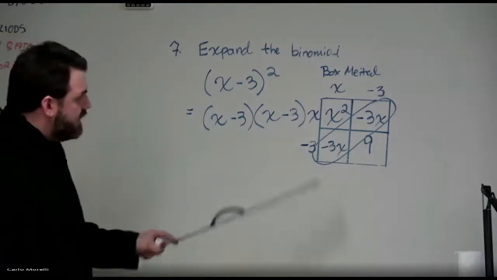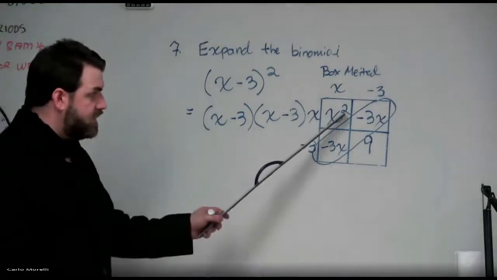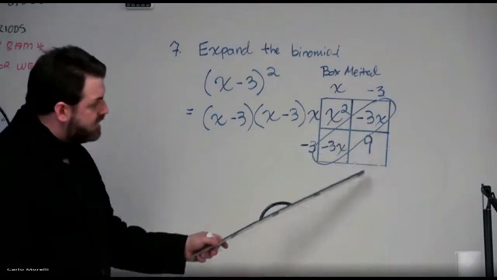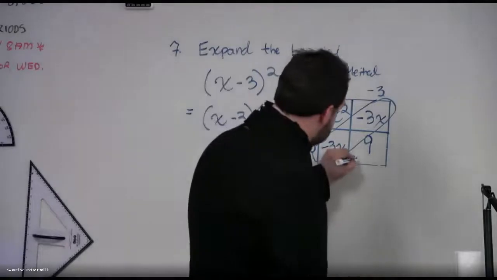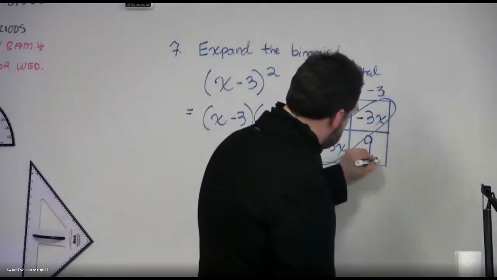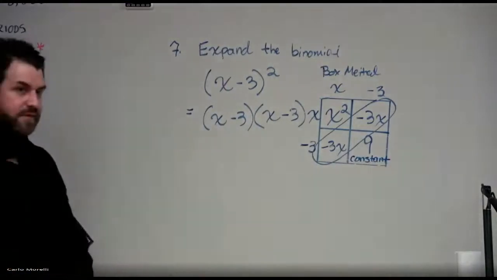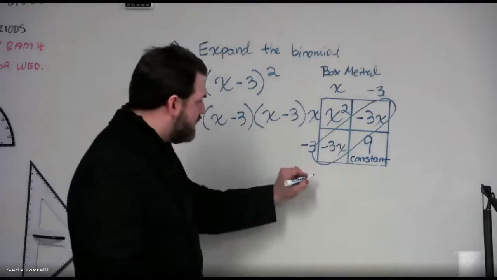So here's what you're going to do. We always write these out using the biggest exponent first, then anything with a letter, and then the thing that's just the number by itself. This is called the constant. So whenever somebody says constant, they mean the number that has no other letter with it. That comes last. So first we're going to write out x squared.